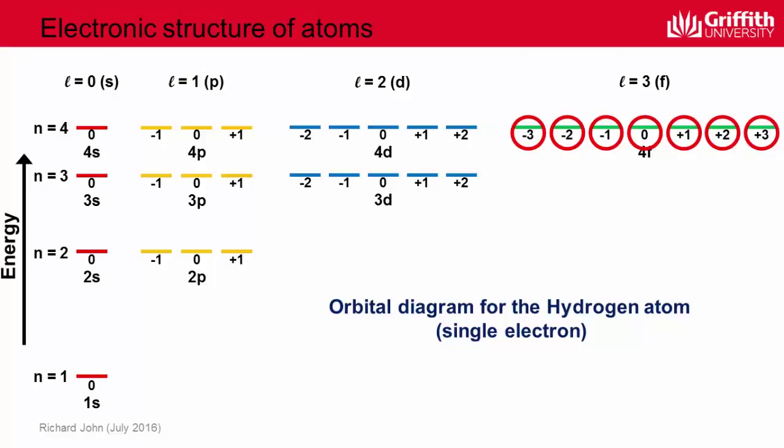I've only represented the 7 orbitals for the 4f subshell here, but all of those other numbers under the horizontal lines represent ML.